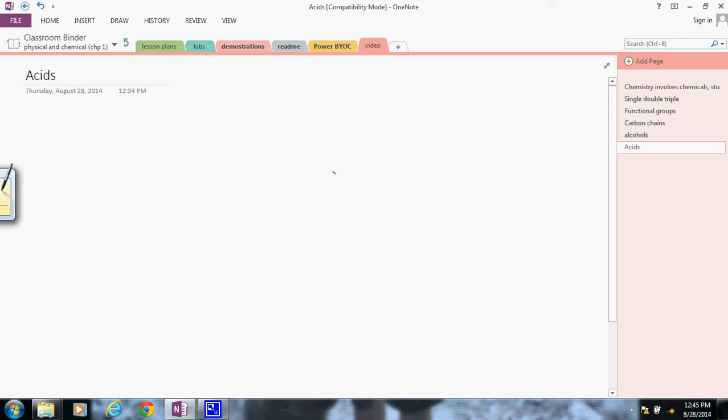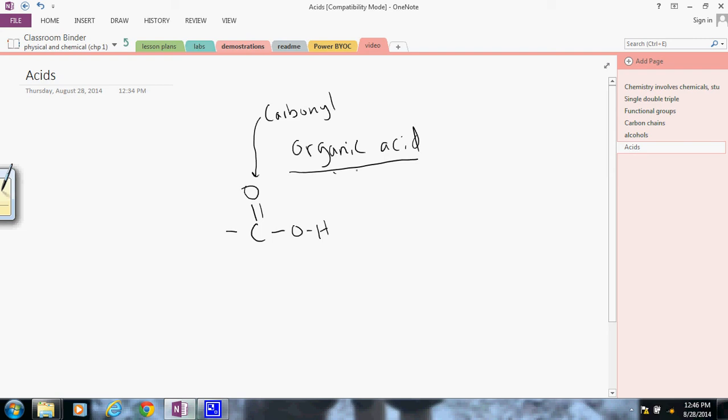It takes a carbon, it has a double bonded oxygen on it, and then it has what looks like an alcohol, but with this double bonded oxygen on here, this is commonly referred to as a carbonyl. The carbonyl group basically drains this bond right here of electrons and makes it weak, and the hydrogen can often be lost to the environment, and that is what makes it acidic.